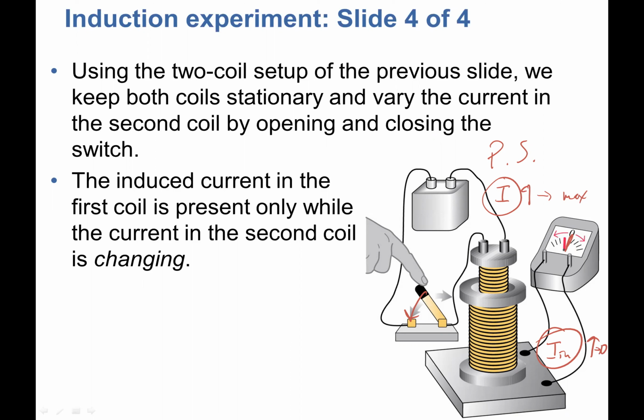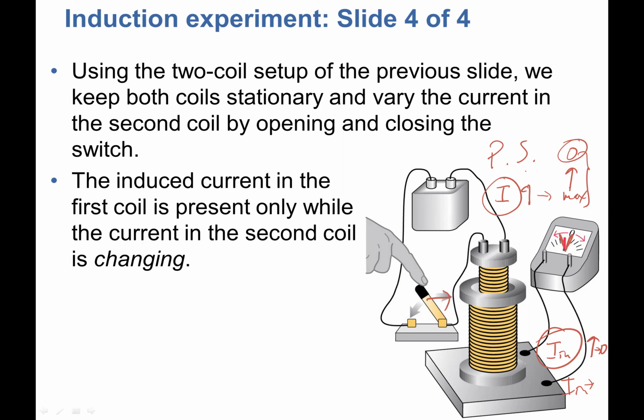And then after that, let's say you open the switch, the current in the secondary coil goes from maximum to zero, but during this time interval, again you get an induced current in the opposite direction.